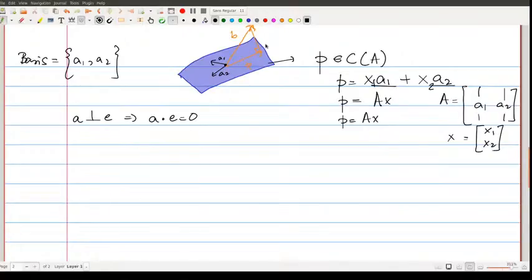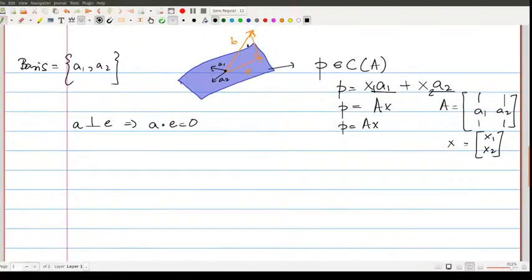The other thing that we know is that if I project this B vector, then this vector E is going to be B minus A times X, right? So in this case, A1 is going to be perpendicular to E, and A2 is going to be perpendicular to E, because both of these vectors are the vectors that are making the column space, right?